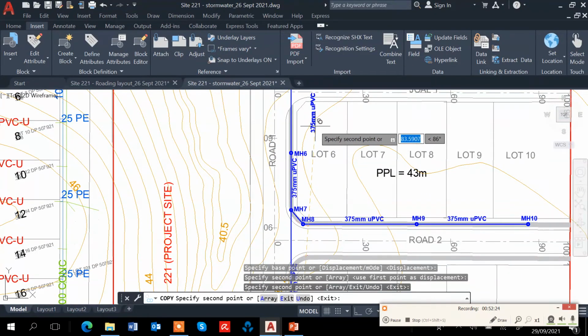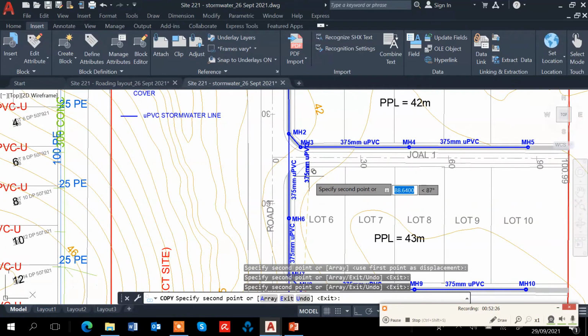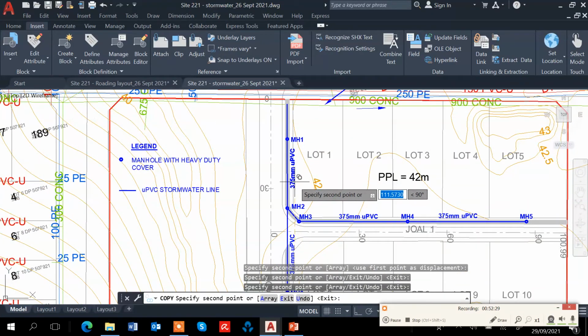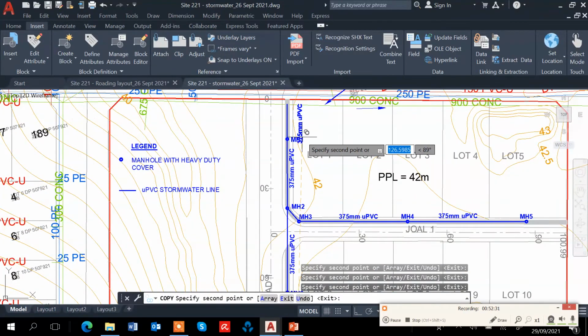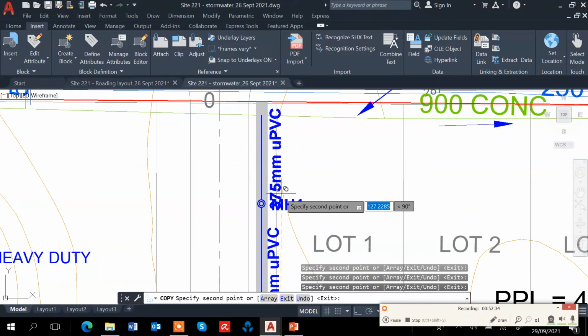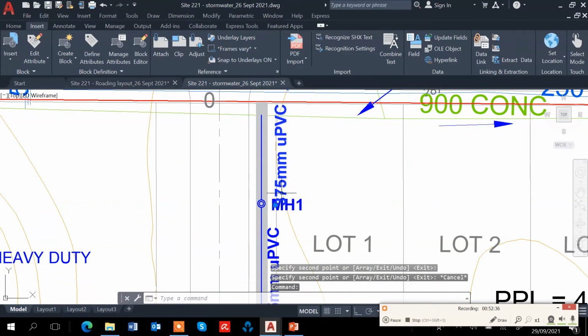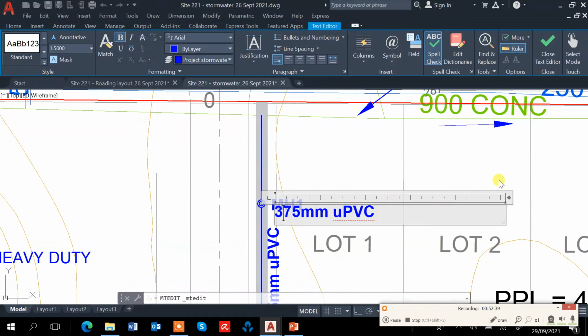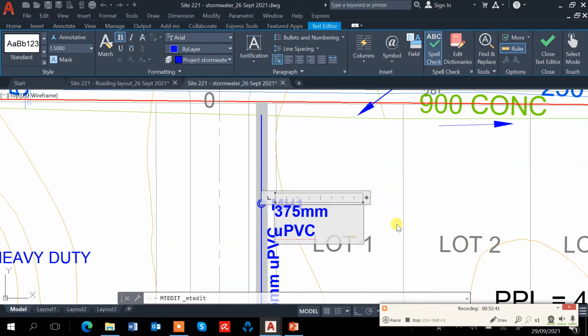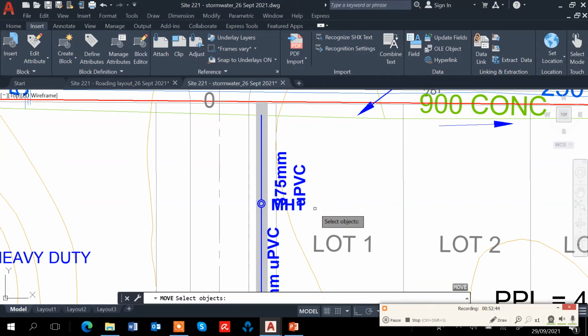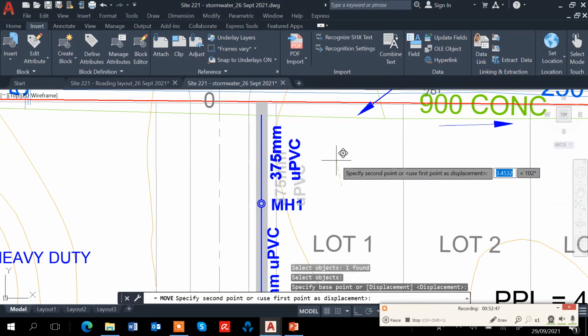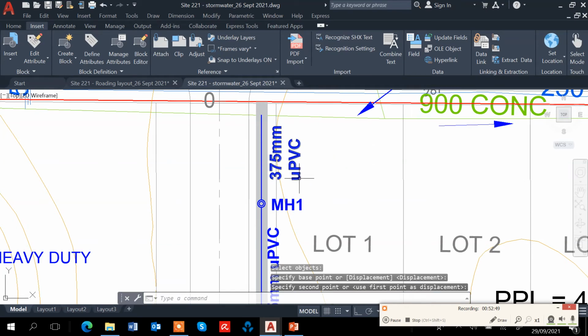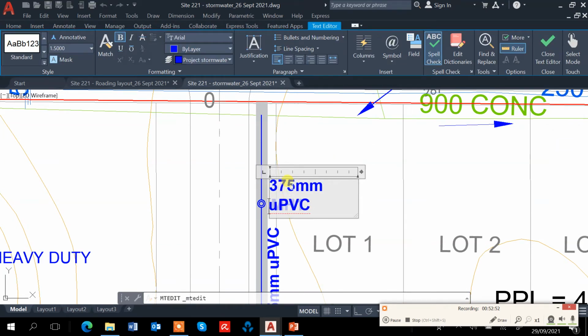I need to label it between the manholes. I just move it. So this one will be 450 PE, polyethylene.